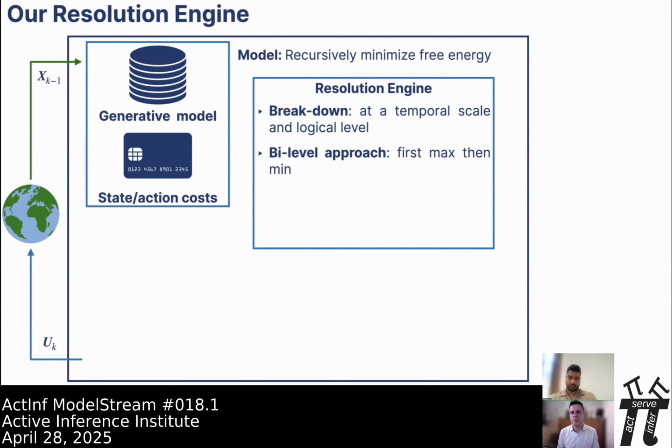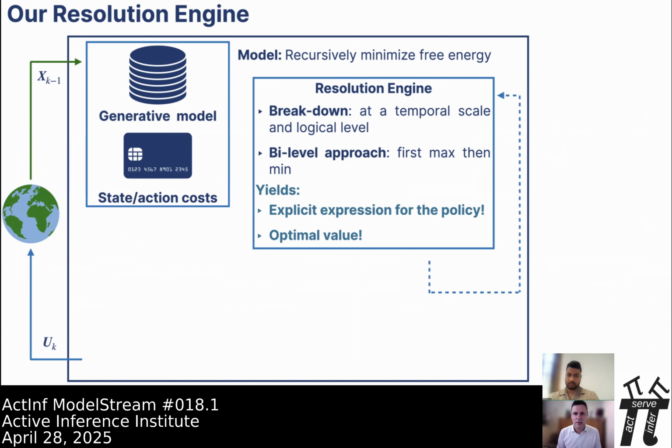So this gives you a bi-level approach. These lemmas yield an explicit expression for the optimal policy. So we know what the optimal policy is going to be, and it also tells you the lowest free energy that the agent can achieve under ambiguity, the optimal value.